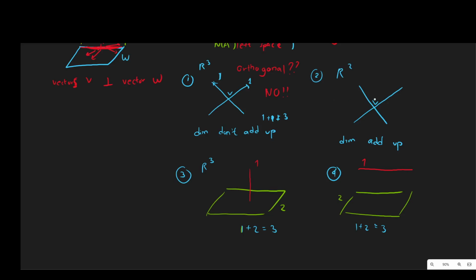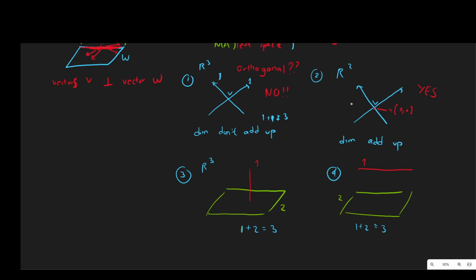And what about the second one? Right now we live in two dimensions, R2, and we have these two subspaces creating a right angle. And what do we say? In this case, yes, the dimensions add up. But I would also want to mention that it's important that they intersect at 0,0.